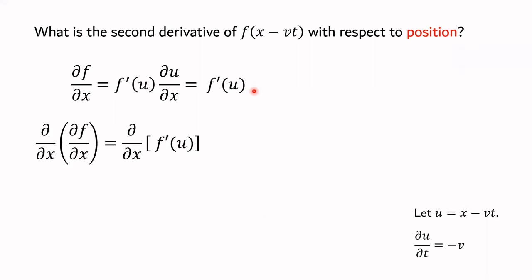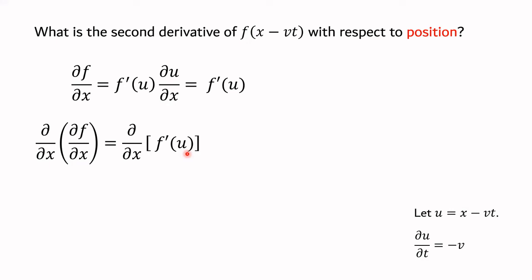That was easy. So now when it comes time to take the second derivative with respect to x, and this is not acceleration because this is not a time derivative, we're taking the derivative with respect to x of df dx. Well, df dx we just determined is f prime of u.